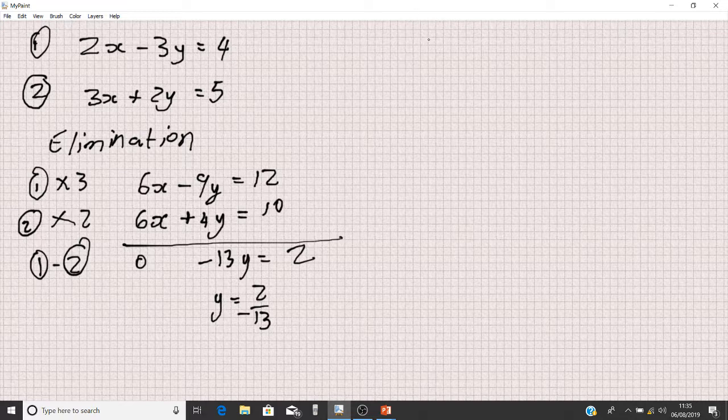Now that we know y is negative 2 over 13, we can substitute that in and find x. 2x minus 3 times negative 2 over 13 equals 4.